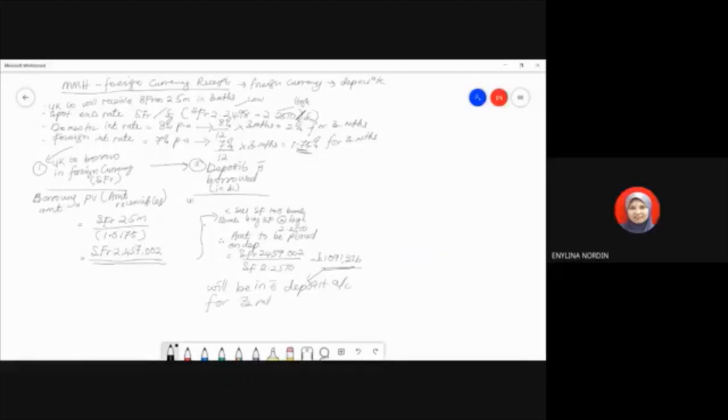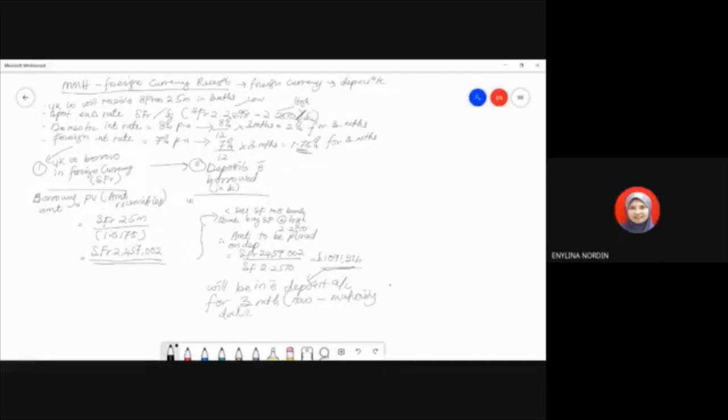Okay, for 3 months. That means from now or today, you put the money in the deposit account, from now until the maturity date.